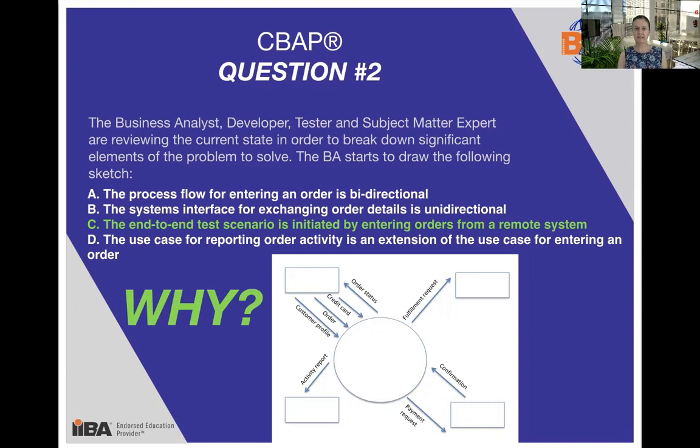This just simply doesn't make sense. And D, where we talk about the use cases for reporting order activities as an extension of the use case for entering an order, this is not a use case diagram to start with, and it's not showing any associations with different extensions between use cases.